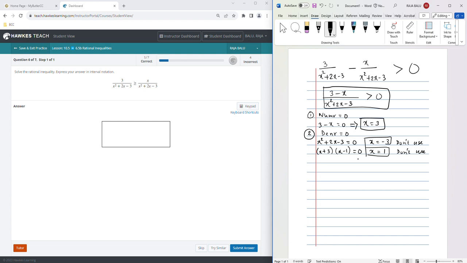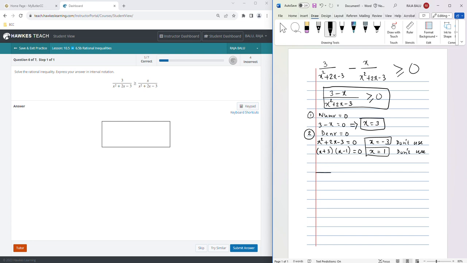Even if there is an equal symbol there, if x equal to negative 3 or x equal to 1 comes about, you cannot use them because they are obtained from the denominator. That's the thing you need to remember.